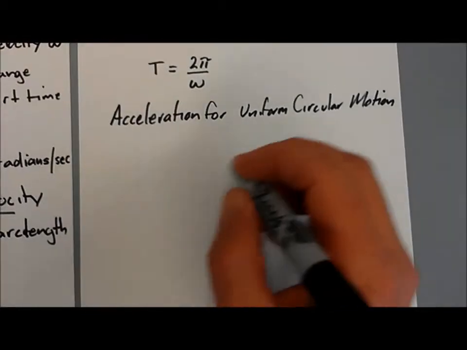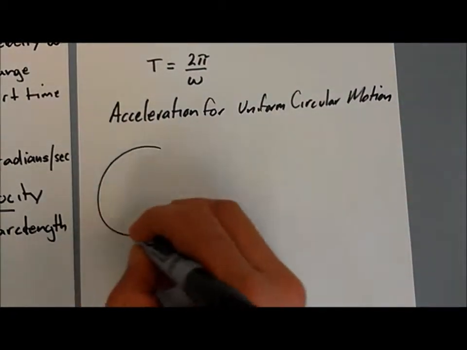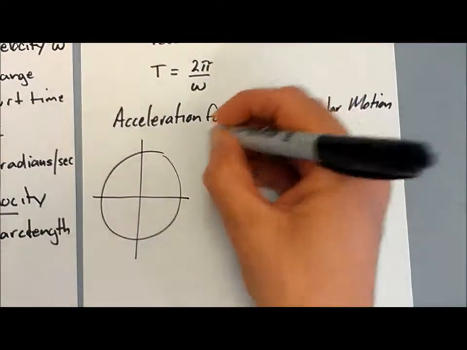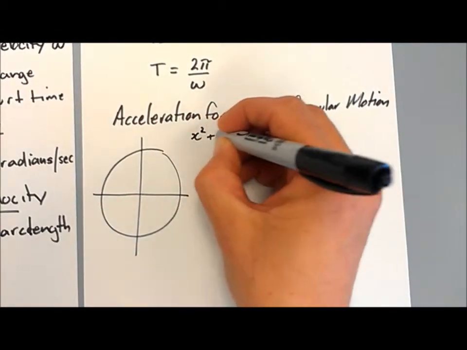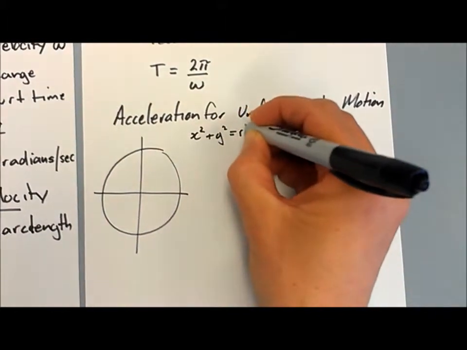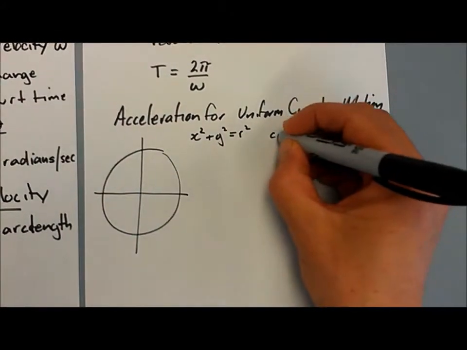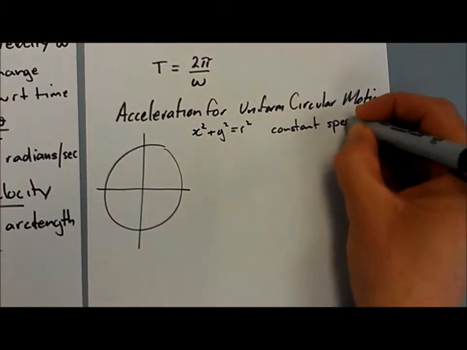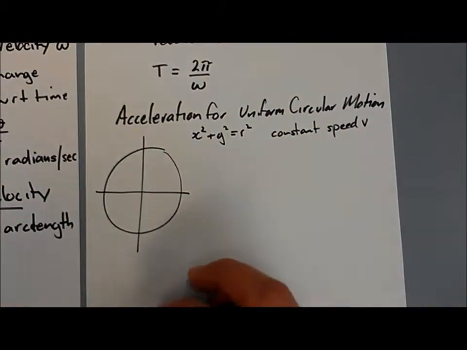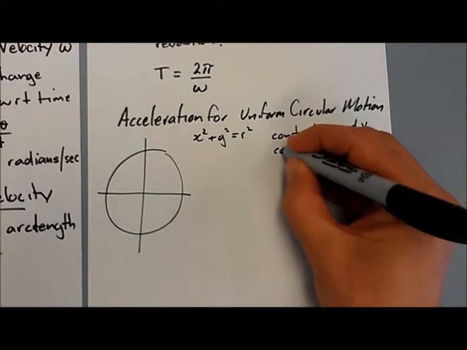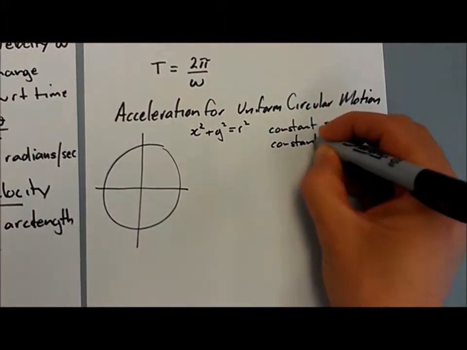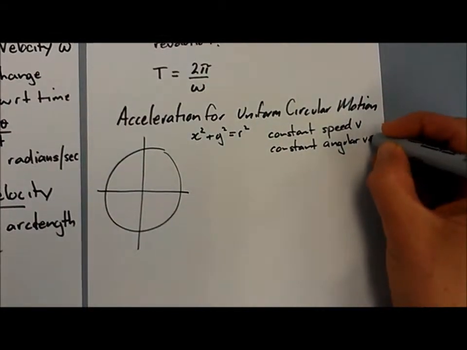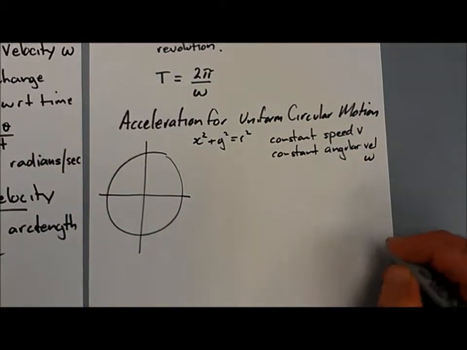And so let's say it's moving around a circle, and let's say that this is the circle x squared plus y squared equals r squared. It's got a constant speed, or tangential velocity of v, and it's got a constant angular velocity which is omega.